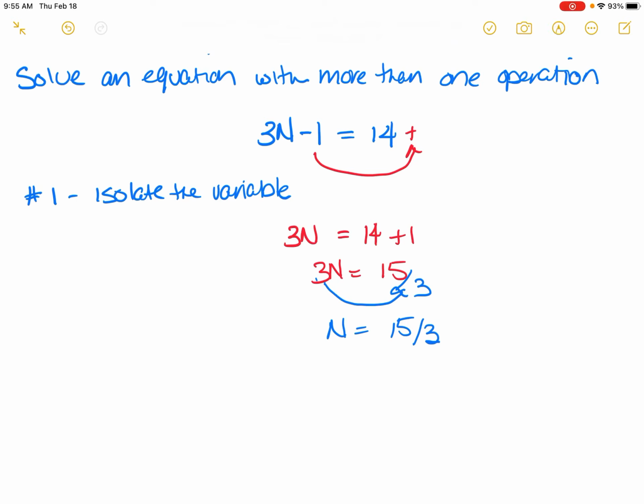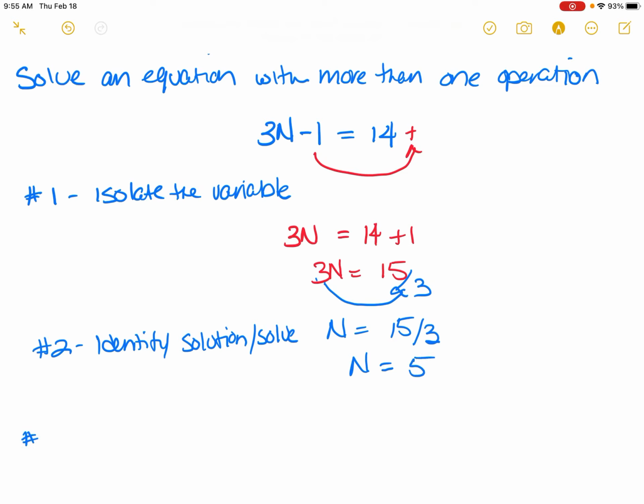And then the second thing we're going to do is solve, or identify the solution. So this n is equal to 5.